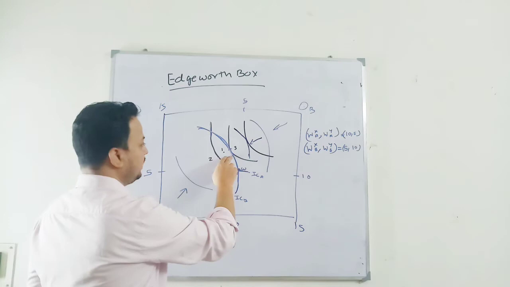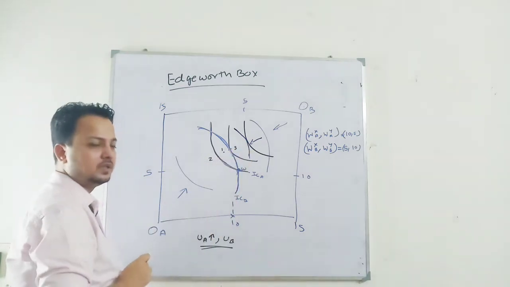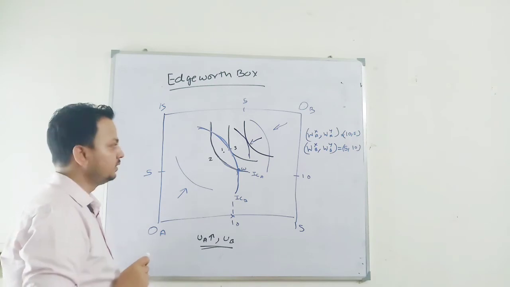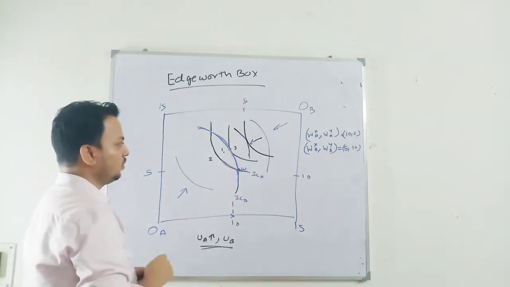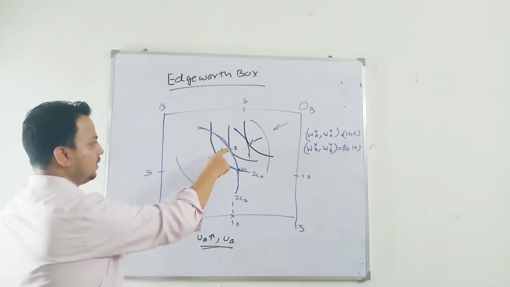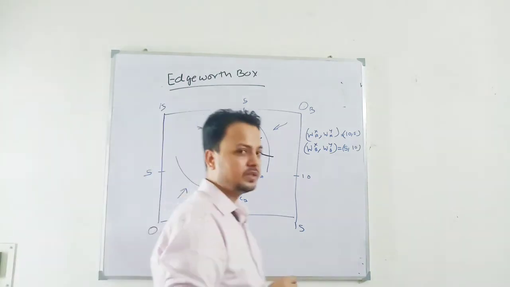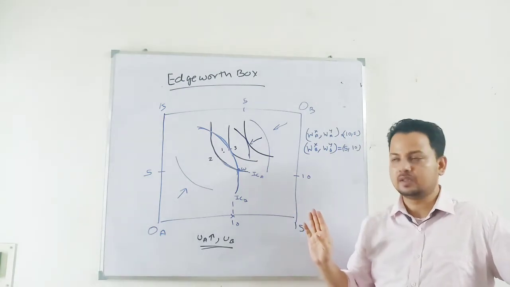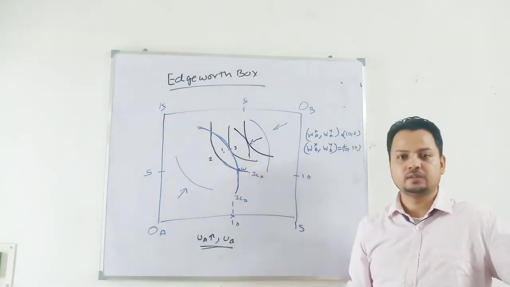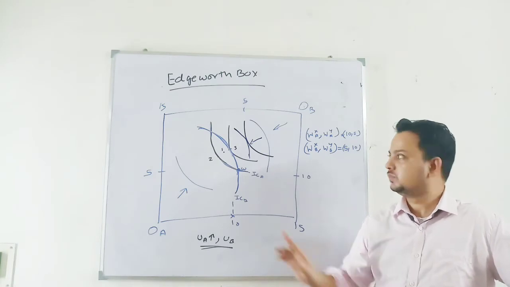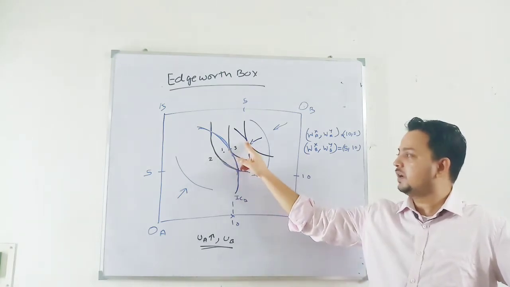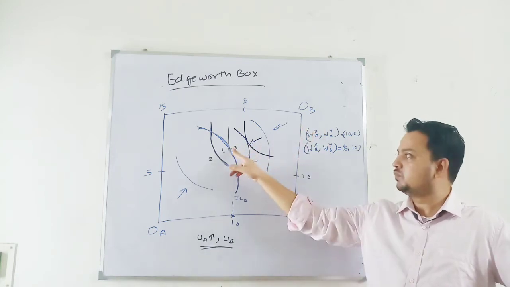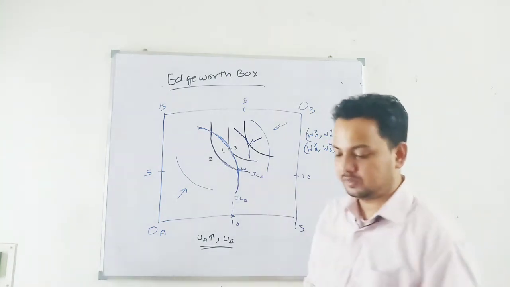You need to go back. That means I am making individual B worse off. So when you have tangency of two indifference curves, it is not possible to make someone better off without making the other worse off. If I want to make A better off, I need to make B worse off. Then only can I move from this tangency to another tangency.